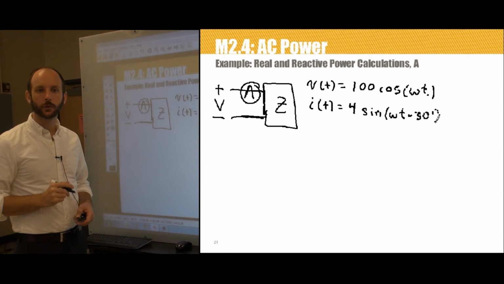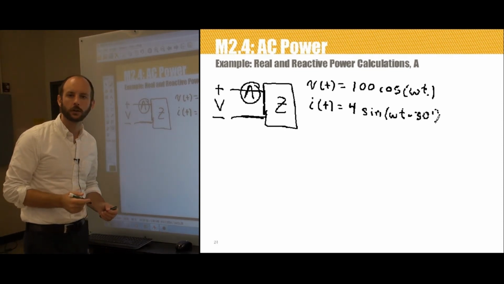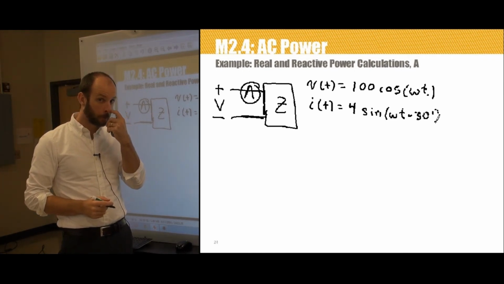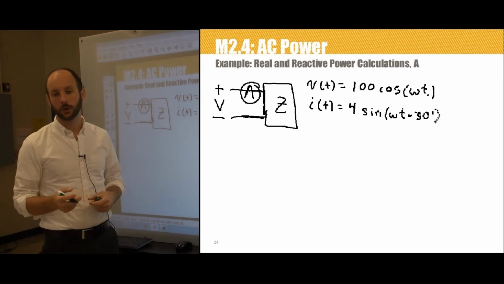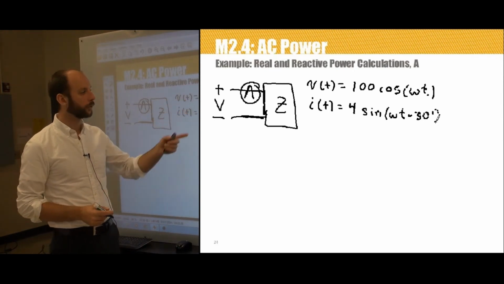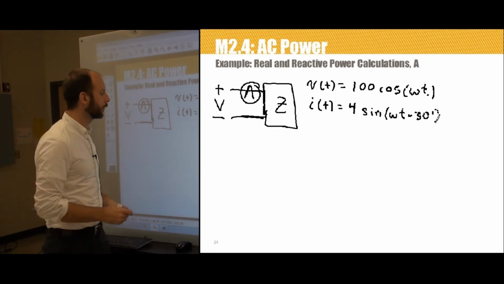So let's calculate real and reactive power for that. Well, the first thing that we need to notice is that I tried to trick you here, right? We have current represented in terms of the sine function, and we know that when we did our power calculations, we multiplied voltage and current in terms of a cosine. So it's just easier for us to go ahead and convert this current over into a cosine term.